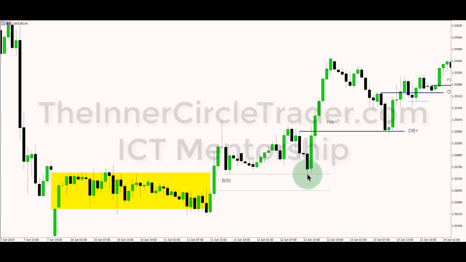So there's that wick, okay? So if we can think about where this wick's midpoint, okay, or the consequent encroachment of that gap, because it's created a gap from where it's closed and where its low is.